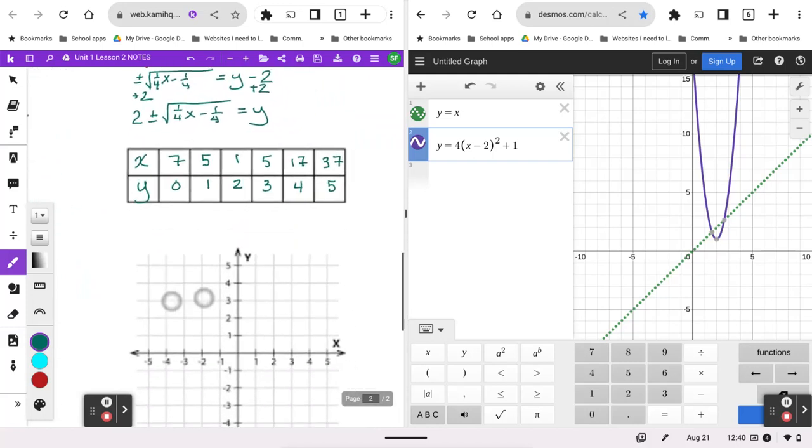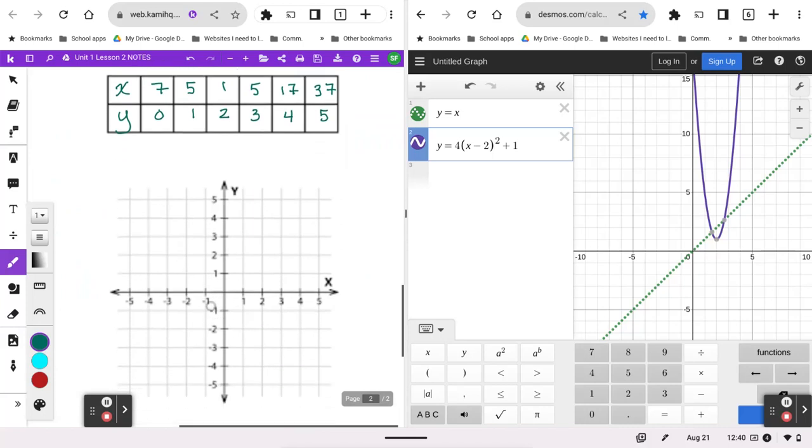And then if we start graphing it, if we ran to 0 and jumped up to 17, it would be way up on the top, so I'm not going to graph it. But we can go 5, 1, and 1, 2 would be right here, and 5, 3 would be right here. And we get this kind of a graph, not very perfect, but we get the idea.